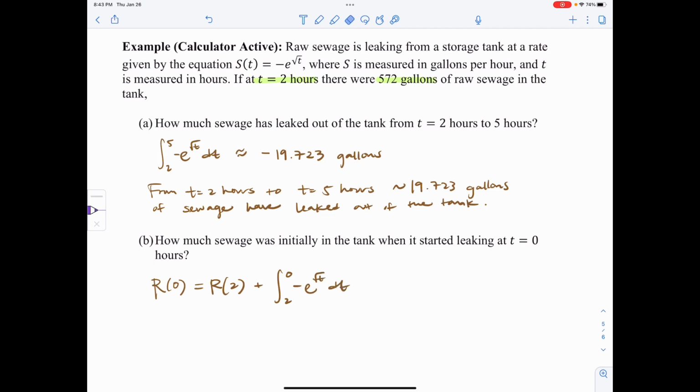Right? If we were setting this up in terms of T, this would be R of T, right? And this would be T or X, right? R of X. So we want to plug in 0 there.